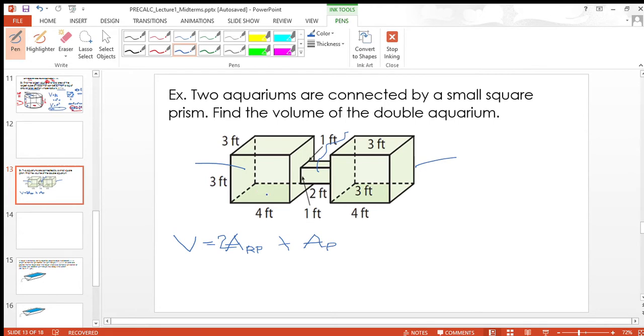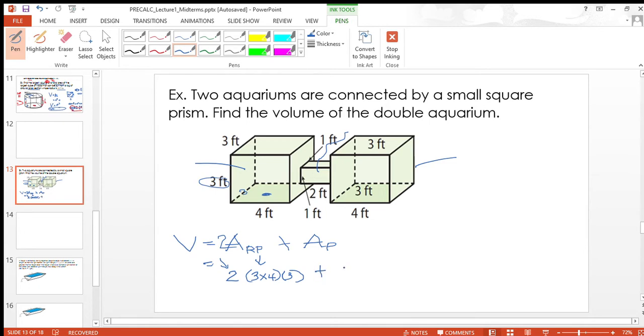You get the area of the base multiplied by the height. So this must be 3 feet also because you have a square base. Therefore, the area of the rectangular parallelepiped is area of base, that's 3 times 4, multiplied by the height, which is also equal to 3. And then you multiply this by 2. So you now have the volume of the aquariums.